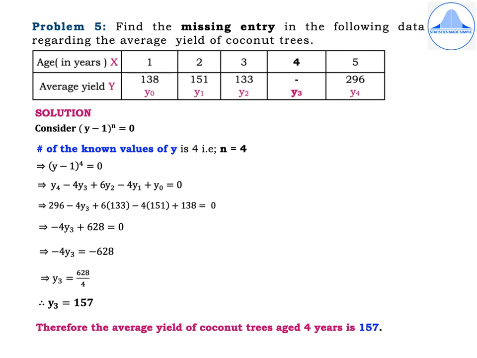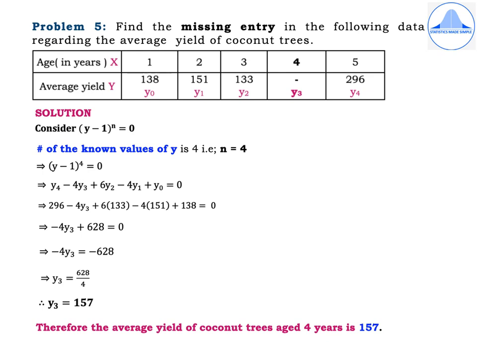Solution: consider (Y minus 1) to the power n equal to 0. Number of known values of Y is 4, that is n equal to 4, which implies (Y minus 1) to the power 4 is equal to 0, which implies Y4 minus 4 Y3 plus 6 Y2 minus 4 y1 plus y0 equal to 0, which implies 296 minus 4 y3 plus 6 into 133 minus 4 into 151 plus 138 equal to 0, which implies minus 4 y3 plus 628 equal to 0, or minus 4y3 is equal to minus 628.